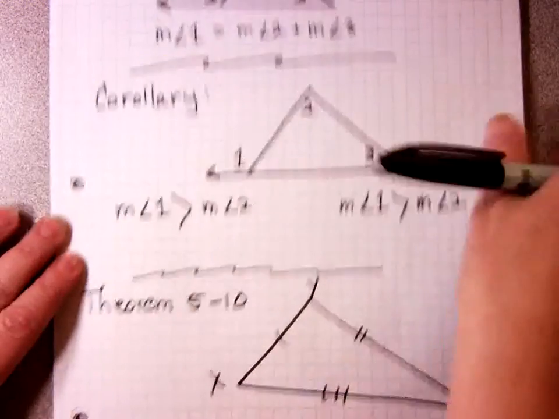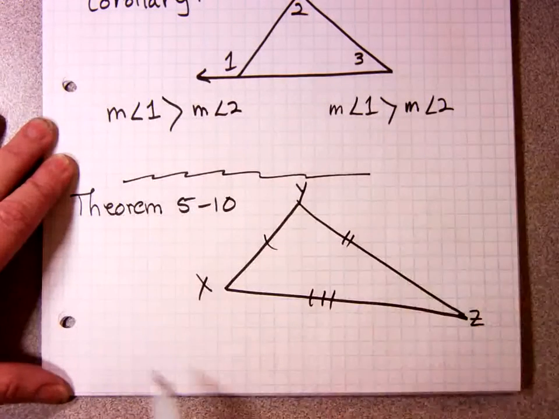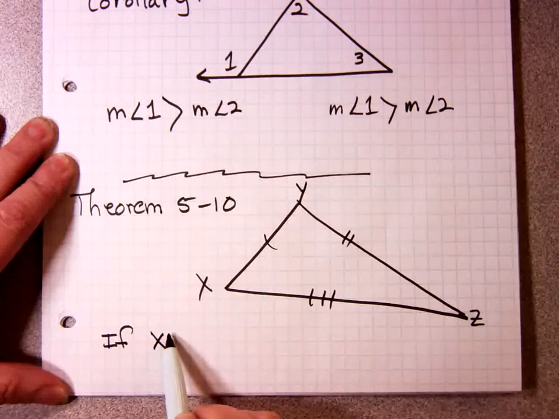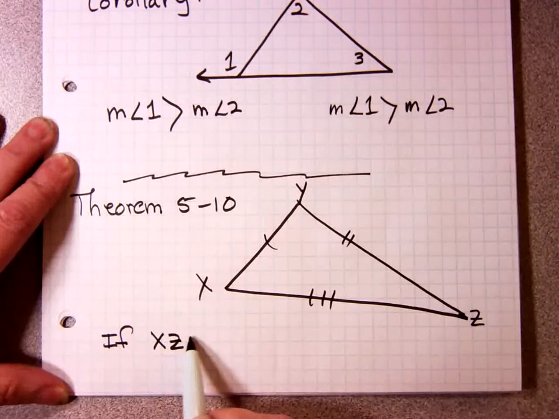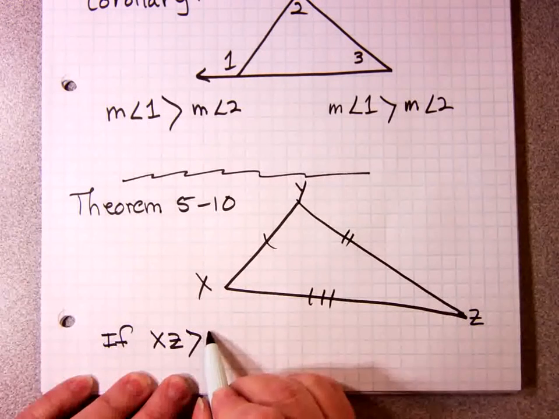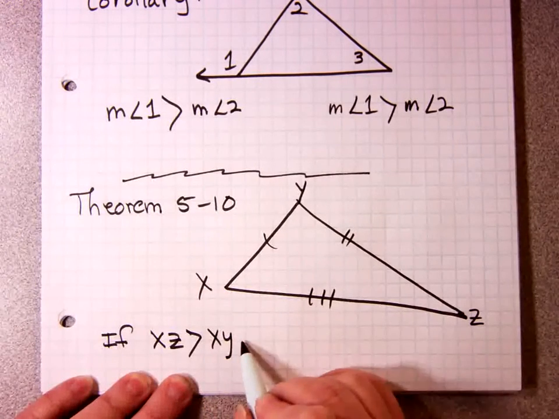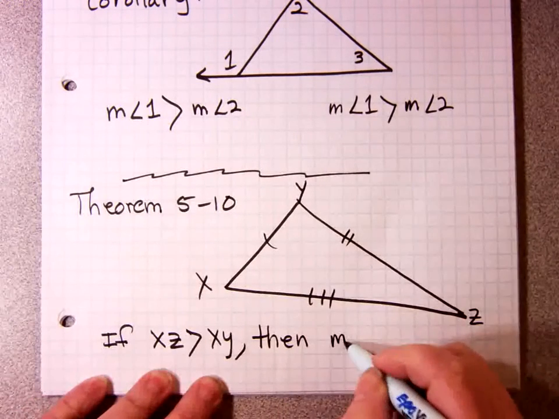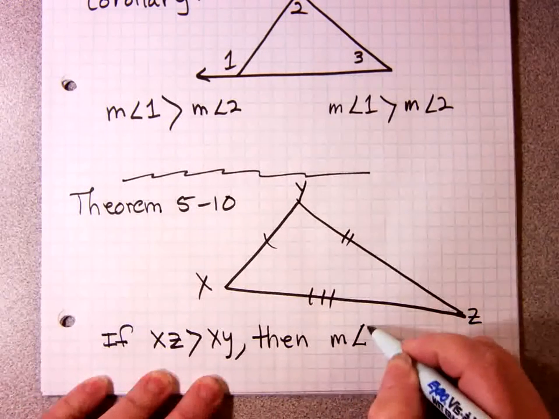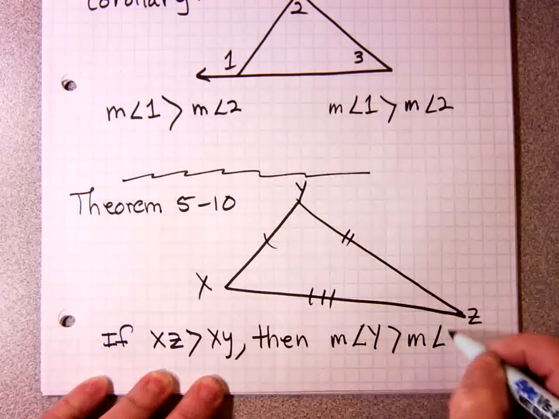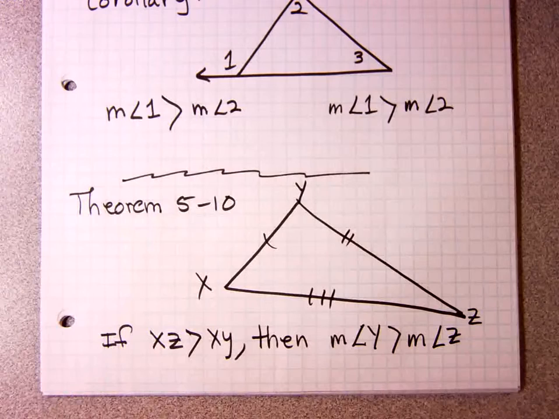And this theorem says that if the length of XZ is greater than the length of XY, then the measure of angle Y is greater than the measure of angle Z. I'll give you a minute to write this, and then we'll try to see what it actually means.